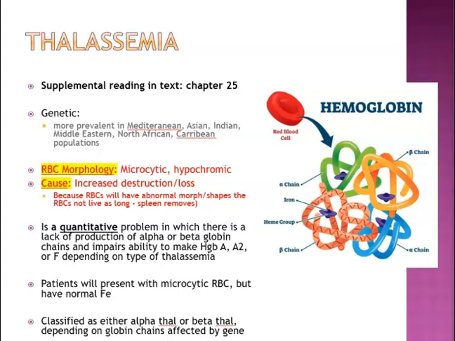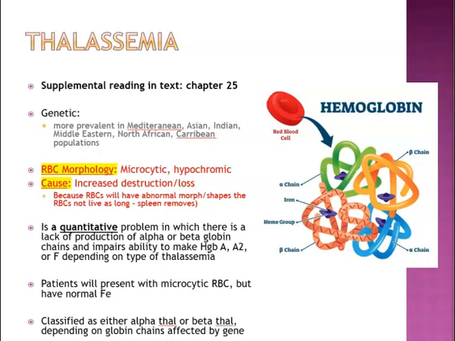This is because red blood cells will have abnormal morphology and shapes, and will not live as long because the spleen removes them. Because remember, anything abnormal as far as red blood cells, if they're not that nice biconcave disc shape, the spleen's going to want to take them out.